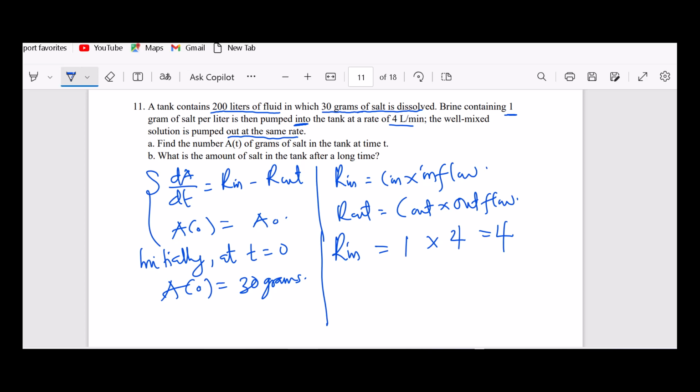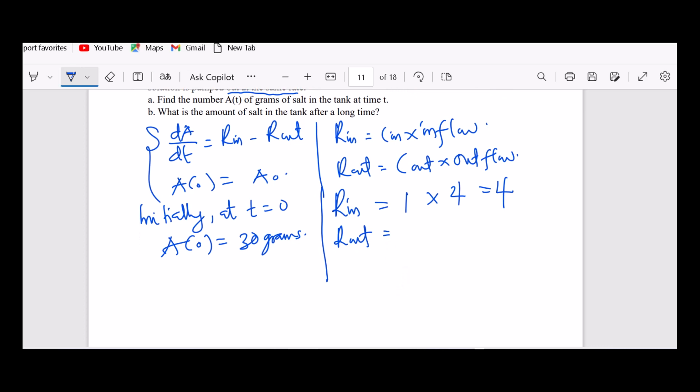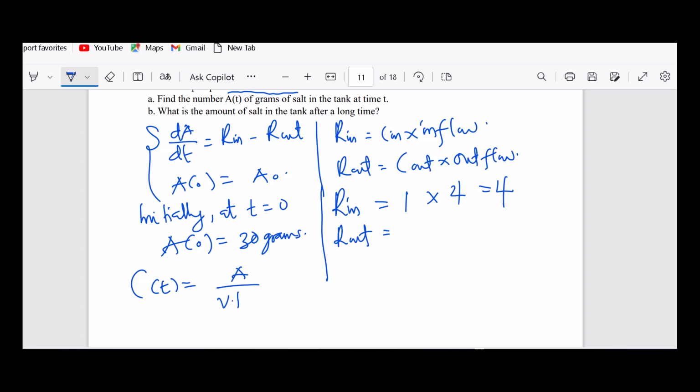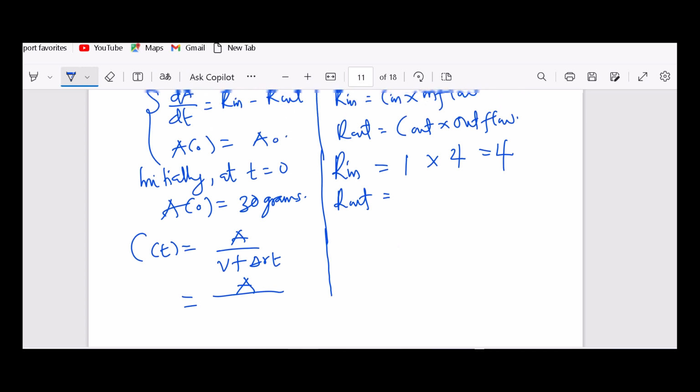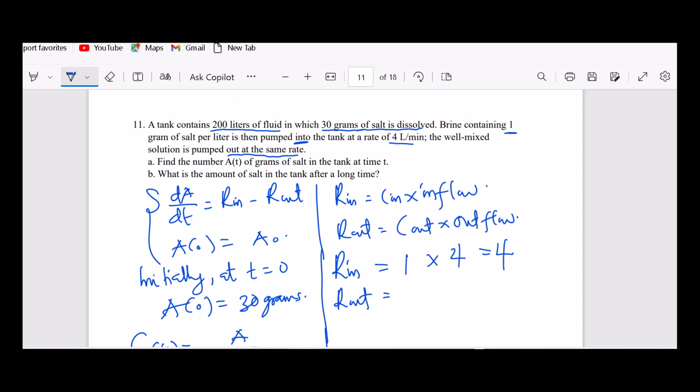So now the R out equals the C out, the concentration out. C of t is equal to A over volume plus change in rate times time. The amount coming out we don't know, so the concentration is the amount of substance over the volume. What is the volume? They said it contains 200 liters of fluid.